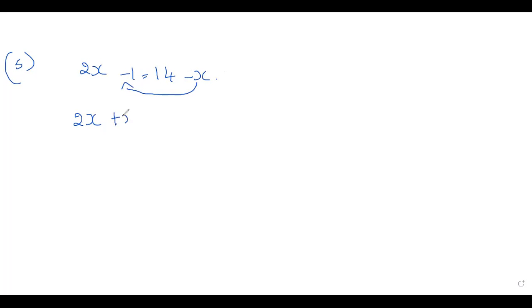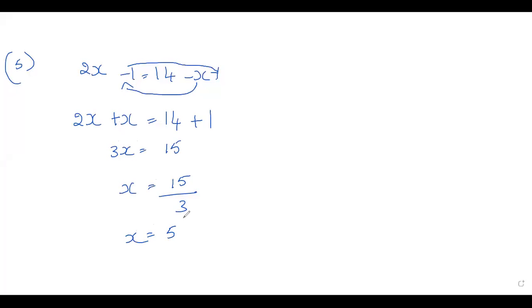So it becomes plus x, that is equal to 14 as it is, minus 1 becomes plus 1. 2x plus x is 3x, 14 plus 1 is 15. x is equal to 15 by 3, that is 5. The value of x is 5.